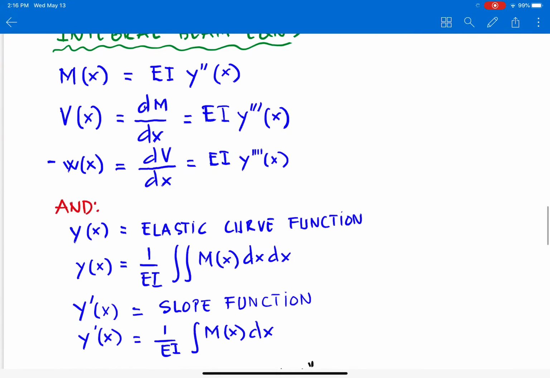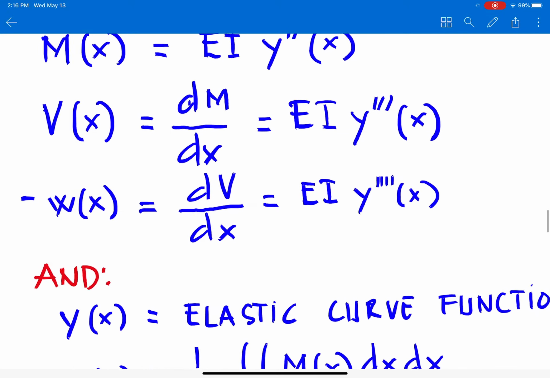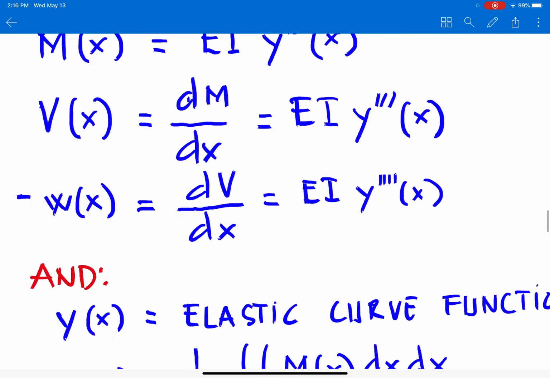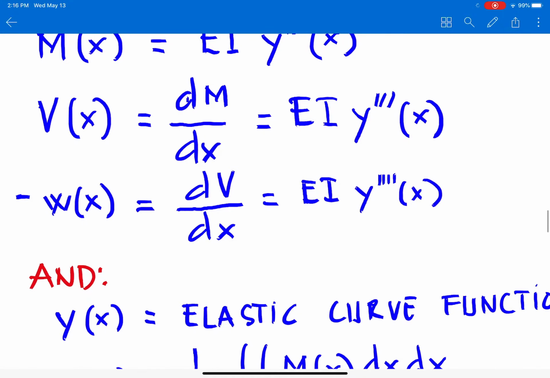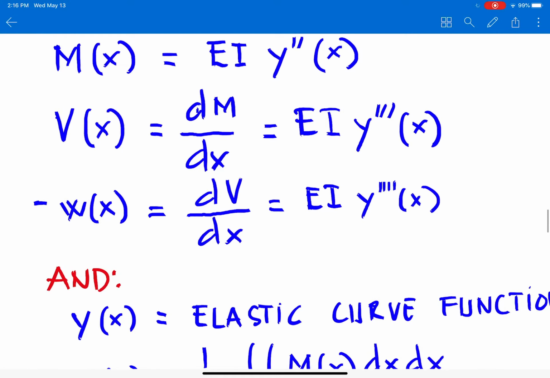We always start with the lowest one, which is the load. W(x) negative equals EI times the fourth derivative of y, the deflection elastic curve function.